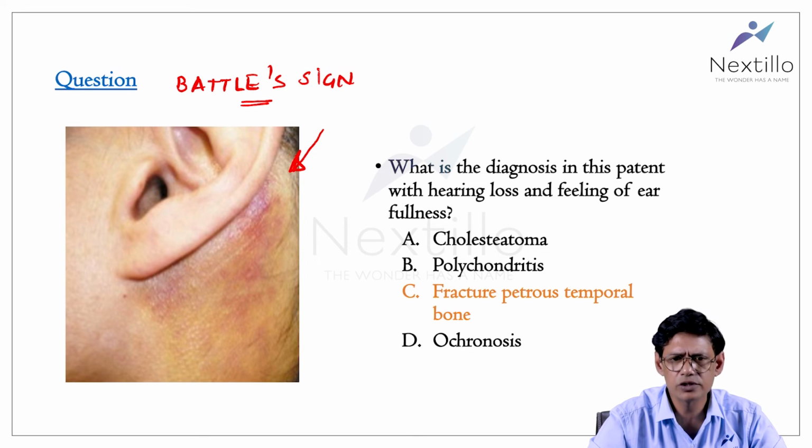One more manifestation of the fracture of the skull base is that there may be fluid discharge from the nose or the ear. Rhinorrhea, otorrhea. This fluid may be clear or this fluid may be bloodstained. All of these are features of the fracture of the skull base, which is usually the fracture of the petrous temporal bone.